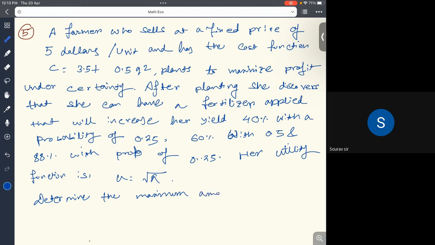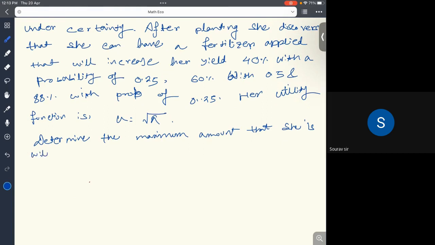Now contrast this amount with the expected value of the increase in her profit as a result of fertilizer application.